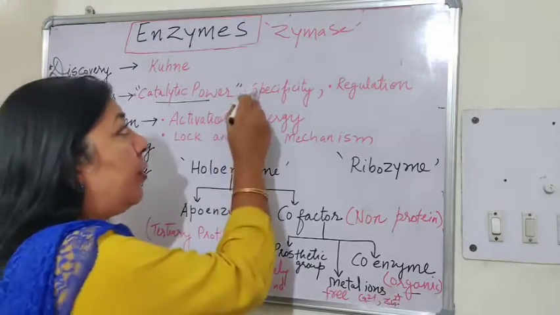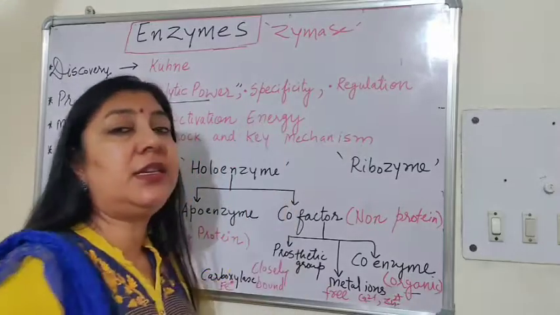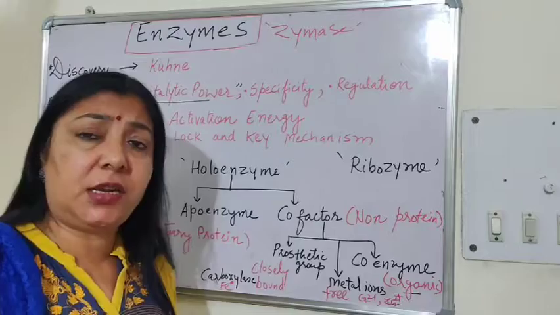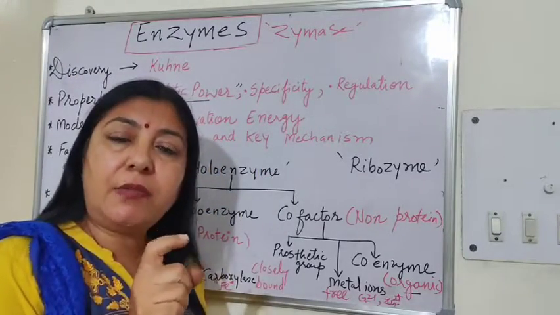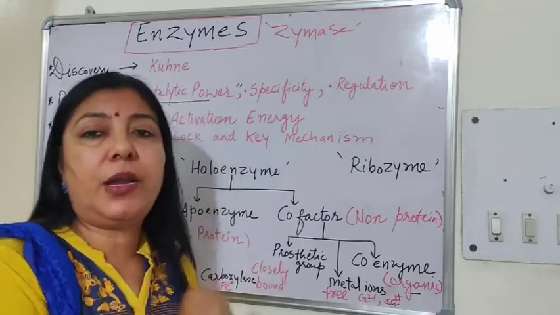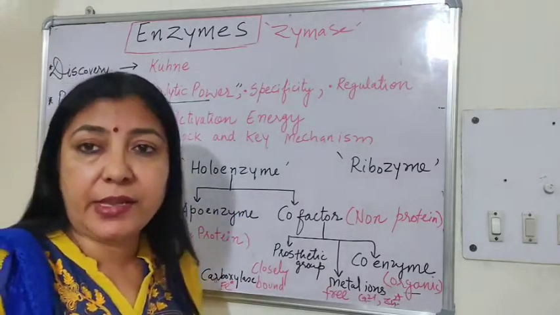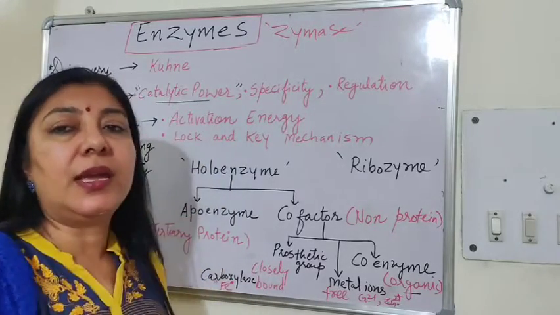Now the second property of every enzyme is its specificity. What do you mean by specificity? Specificity means one particular enzyme is specific for a particular substrate. When we say carbonic anhydrase, it will always produce carbonic acid.